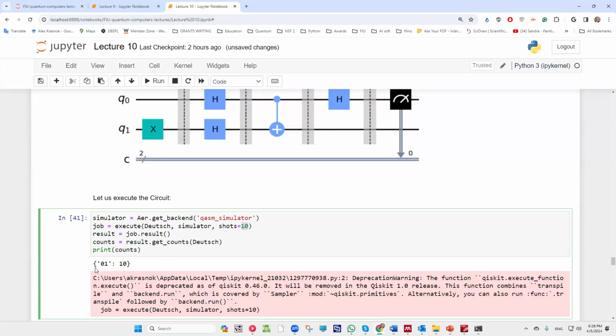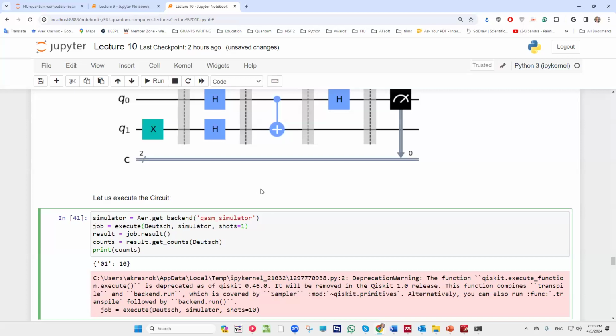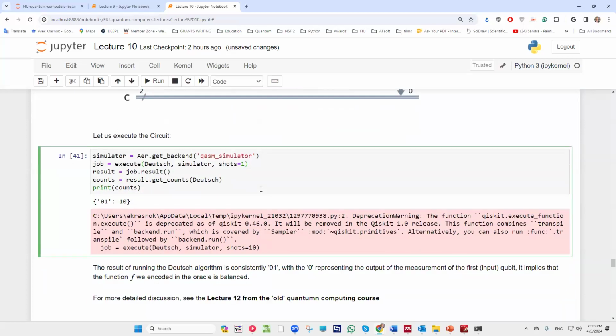And we will get 1 here, which means the function is constant, or probably not in this case. Maybe for the constant I need another oracle. Anyway, this is how the Deutsch algorithm works.